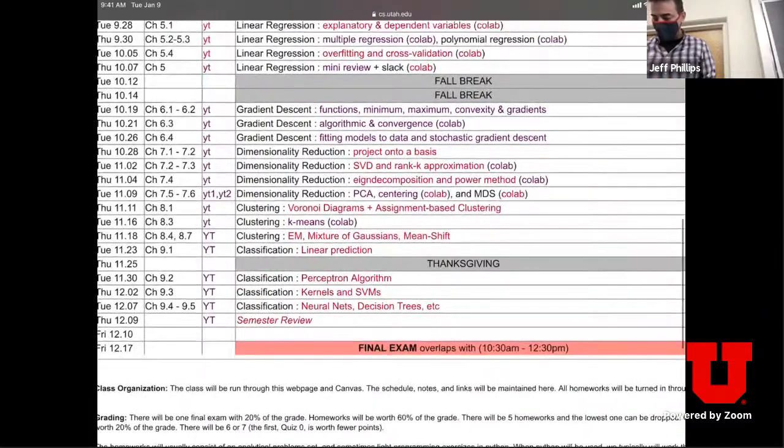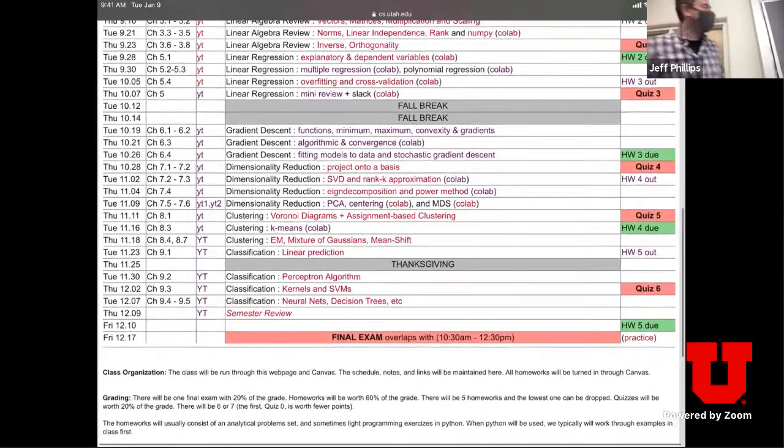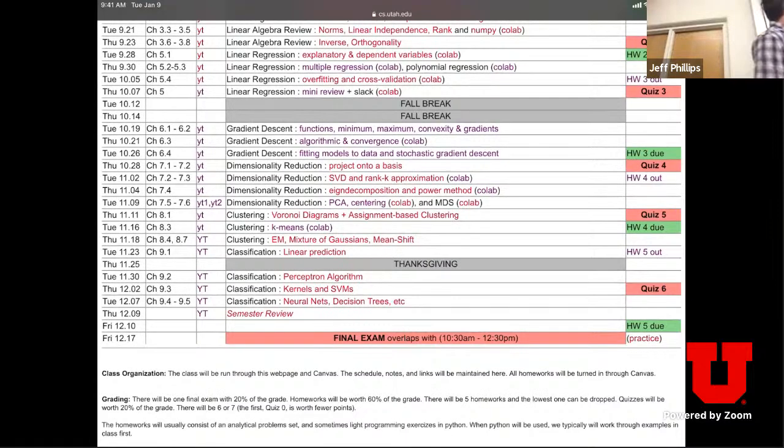We are getting near the end of the semester, and we're starting the last section on classification. The next few lectures, starting next week, we're going to talk about the perceptron algorithm.